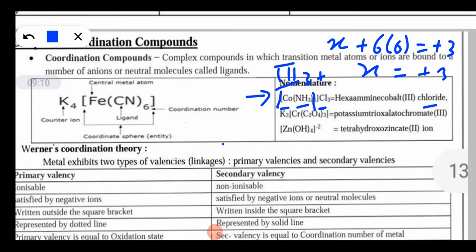So similarly you have to remember that if the ligand is negatively charged, like oxalate is there, C2O4 2 negative, oxalato, so these negative anionic ligands are suffixed with O.